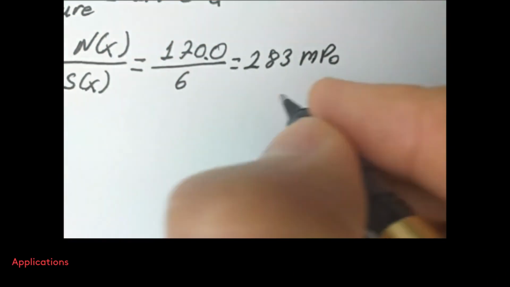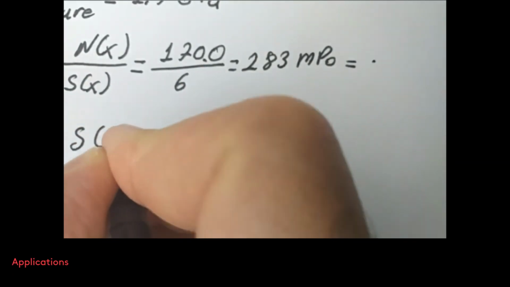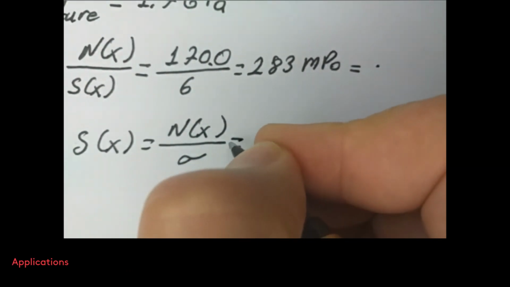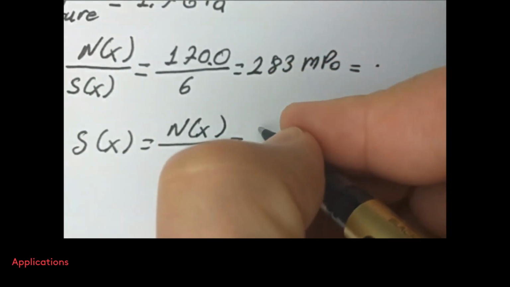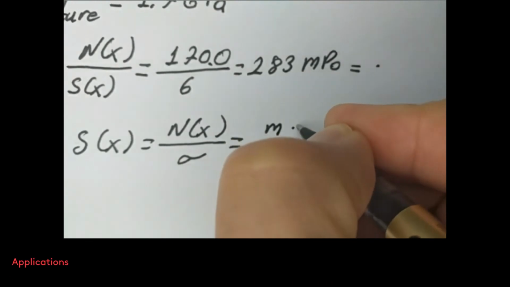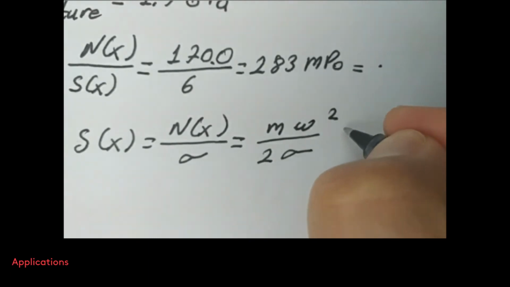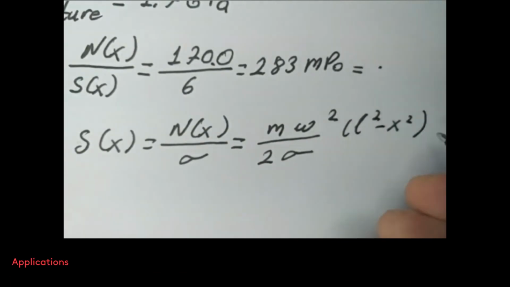So S of x can be calculated from here. S of x is equal to N of x divided by sigma, and that is equal to m omega square divided by 2 sigma multiplied by L square minus x square. So this is the cross-sectional area at an arbitrary location.